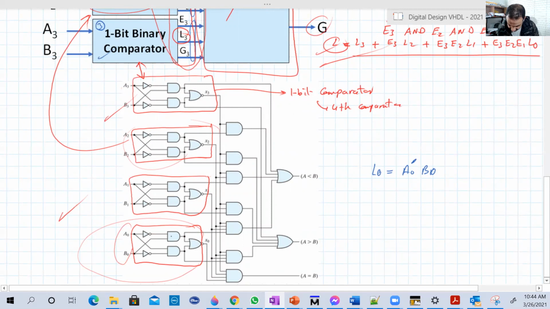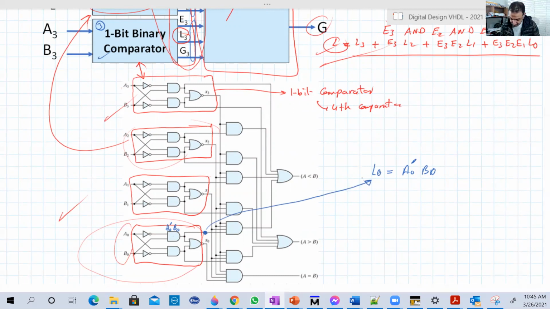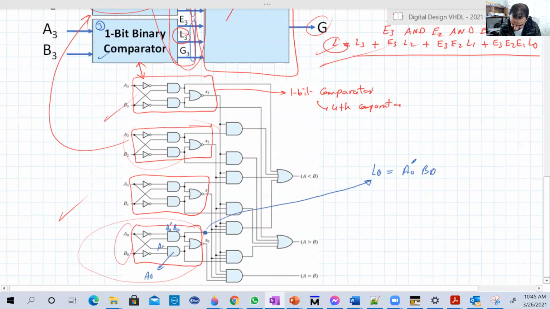This AND gate compares A bar, or A prime, and B0. So the output here is basically L0, which is A0 bar B0. This second AND gate has 2 inputs, A0, and this is B0 complement.